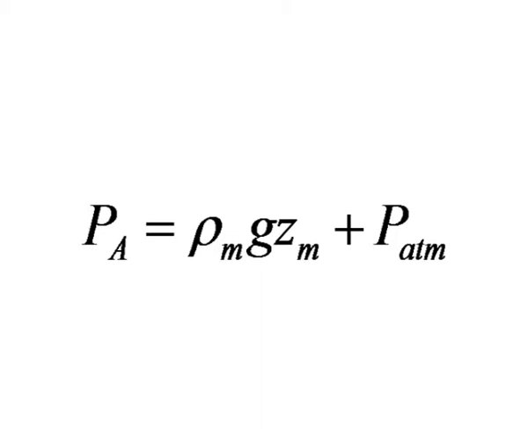Therefore, knowing the difference between the heights of the manometer fluid in the two arms, that is Zm, and the density of the manometer fluid, we can determine the pressure at any desired location in the vessel. Note that the lengths of the manometer arms have no influence on the measured pressure.